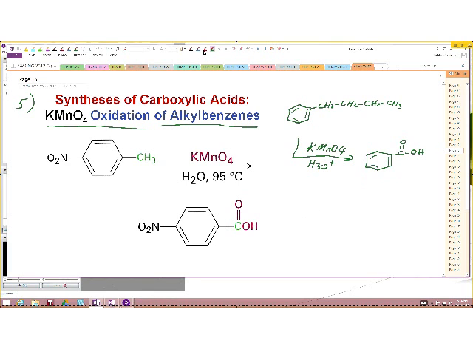Supposing you have this molecule here, this molecule also will be oxidized by potassium permanganate in acidic medium.